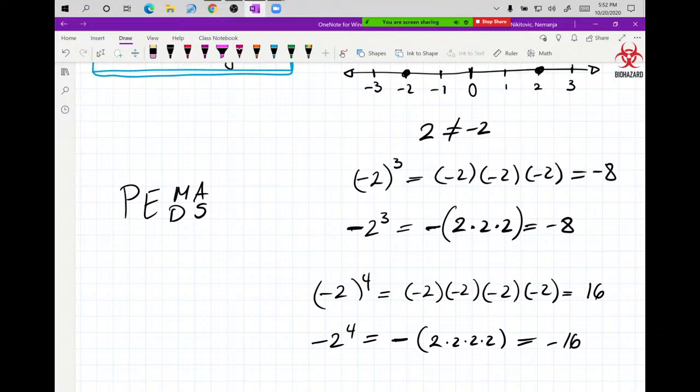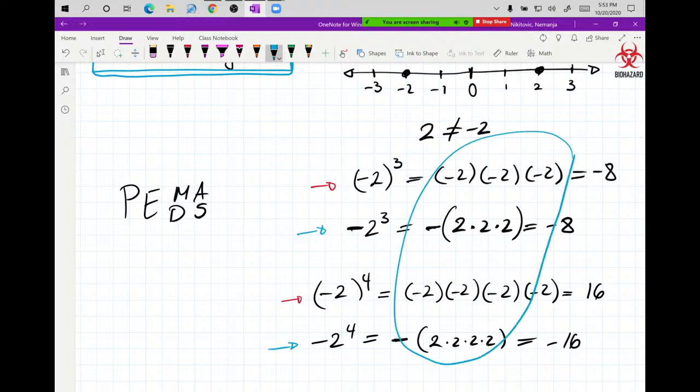So we see the red rules, this one and this one, and we see the blue rules, this one and this one, and you see how they differ. This middle part over here is the most important, obviously, because that's where the understanding kicks in.